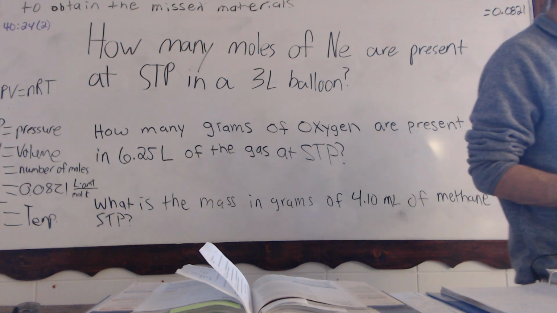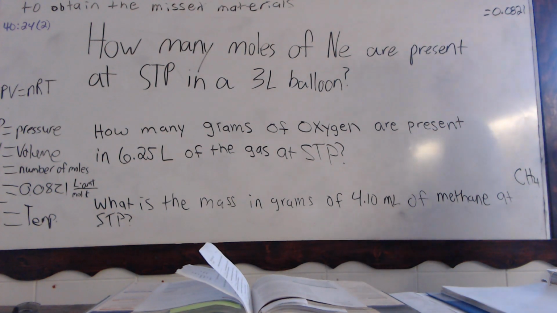When it's straight up dimensional analysis, STP is your friend. You're always going to like measuring gases at STP because it's easier, because there are presumptions you can make. It's at 22.4 liters, 1 atmosphere pressure, and 273 degrees Kelvin.